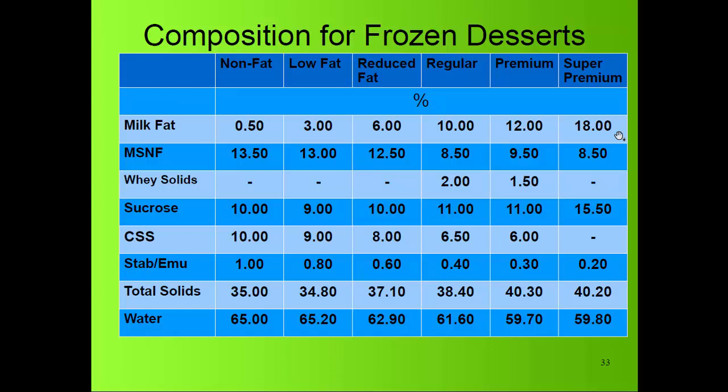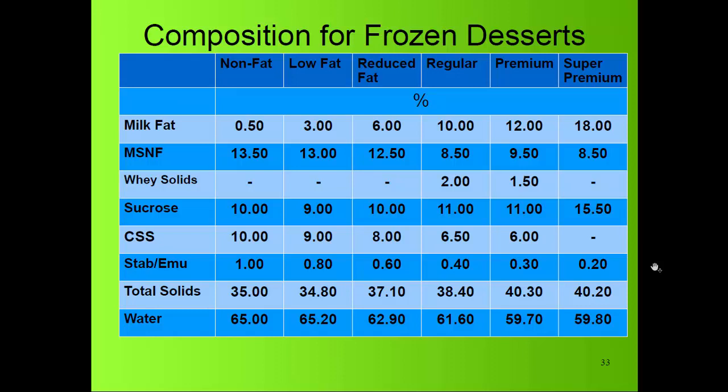However, they kind of have a bad rap, the corn syrup solids. So you notice that super premium, they don't put any in because it looks bad on the label, right? But there's usually a mix. For instance, in premium ice cream, there might be 11% sugar and 6% corn syrup solids.